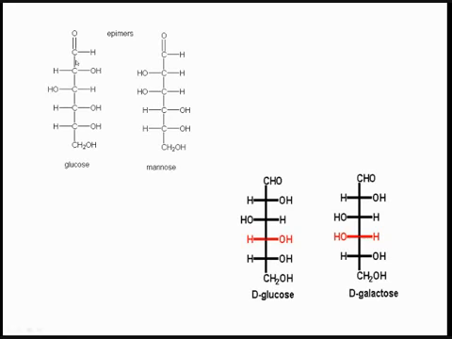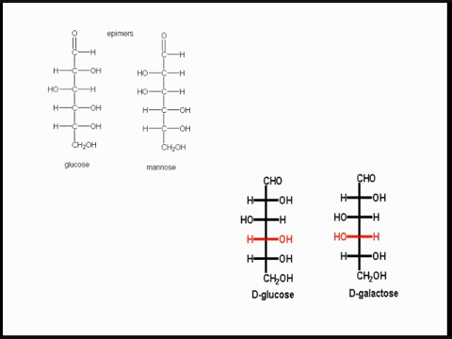If you see all the other carbons from C1 to C6, everything is the same. The only difference between glucose and mannose you can see is at carbon 2. At carbon 2 of glucose, OH is oriented towards the right side, and at carbon 2 of mannose it is oriented towards the left side.